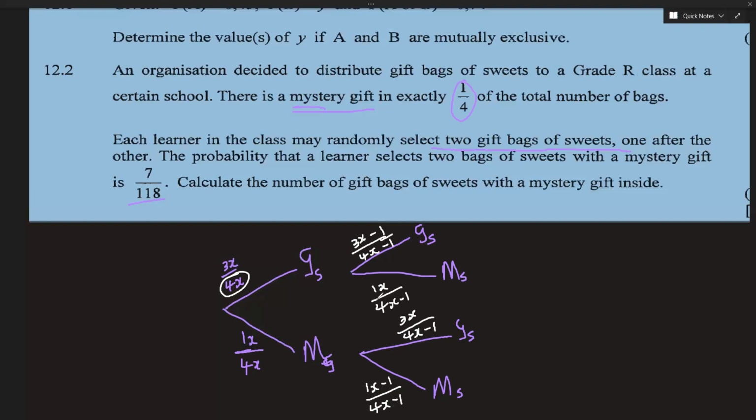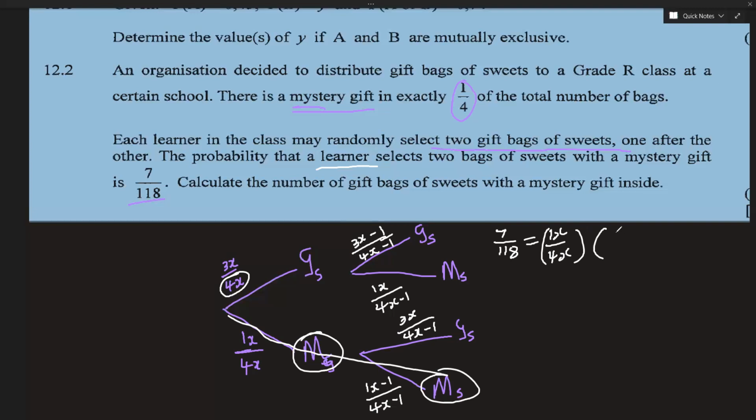Awesome. Now let's check this part. The probability that Elena selects 2 bags of sweets with a mystery gift is given, so both are mysteries. If I multiply these 2 probabilities, my answer must be that. So 7/118 equals 1x over 4x, multiplied by (x minus 1) over (4x minus 1).